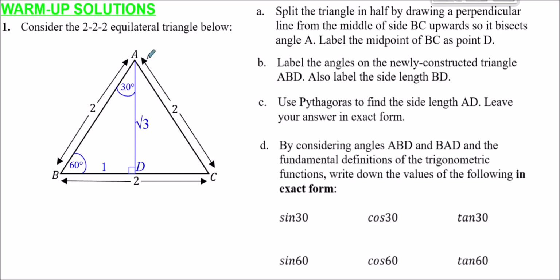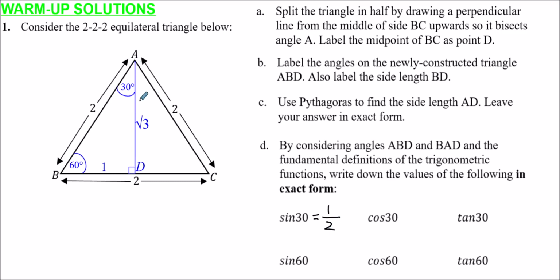Thinking of this 30 degree angle at BAD, we can consider sine 30. Sine is always opposite divided by hypotenuse. For this angle, the opposite side is 1 and the hypotenuse is 2, so sine 30 is going to equal 1 divided by 2.